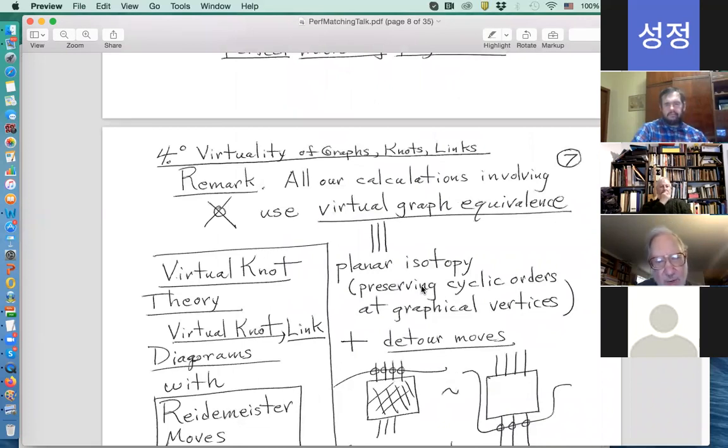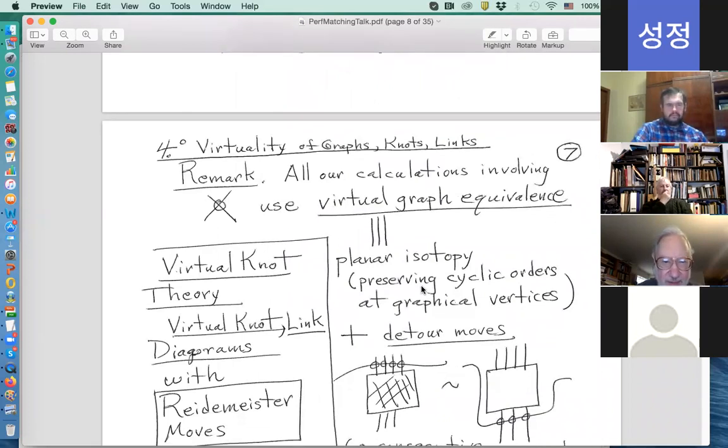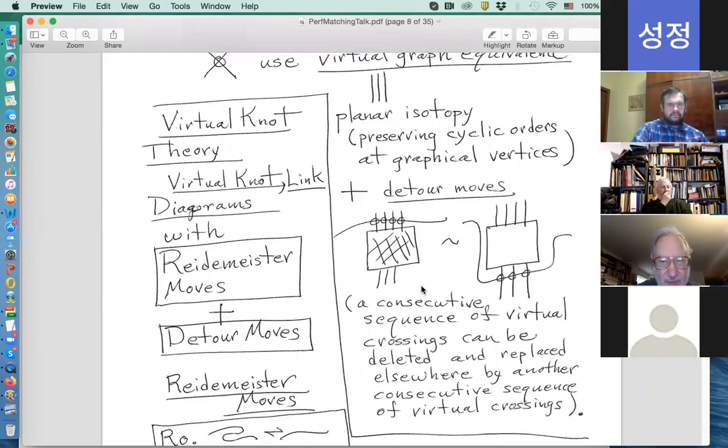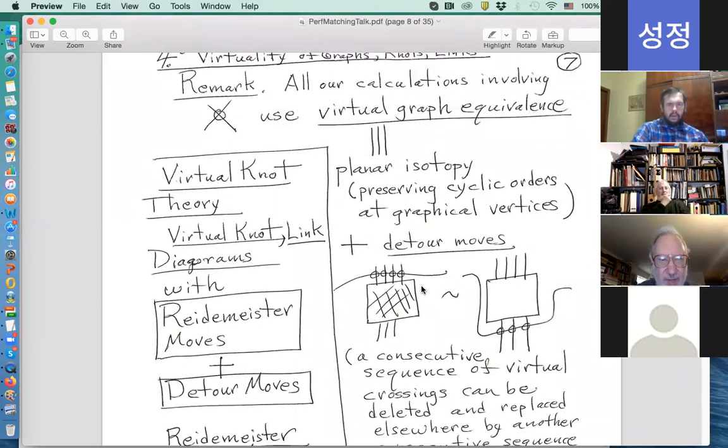Now, I know you all know about virtual knot theory, so I'm not going to bother you except to remind you that we can think of virtual knot theory as virtual knot and link diagrams with Reidemeister moves and detour moves. Detour moves, being consecutive sequences of virtual crossings, can be lifted and replaced elsewhere.